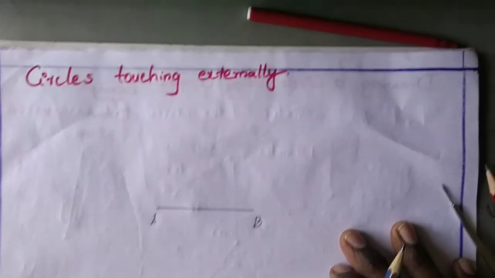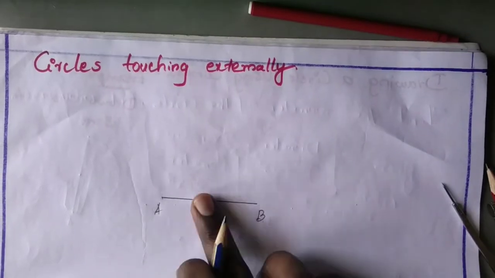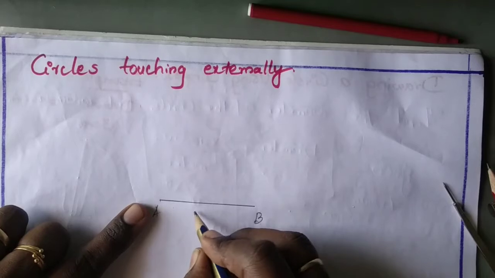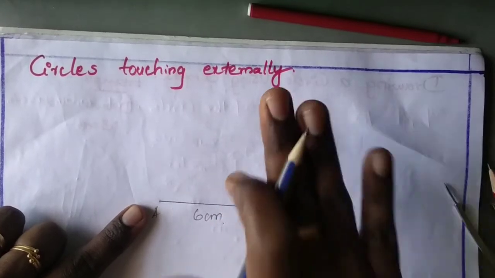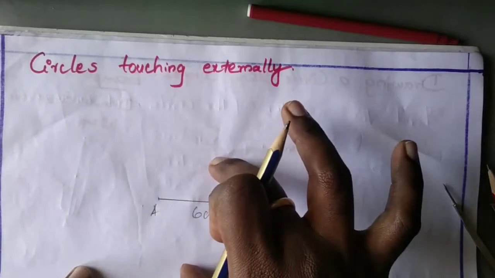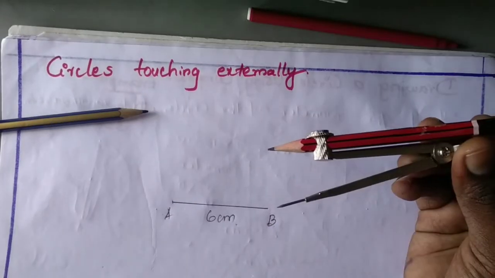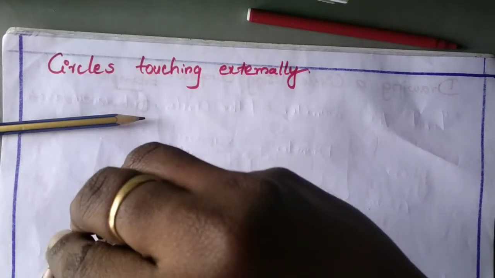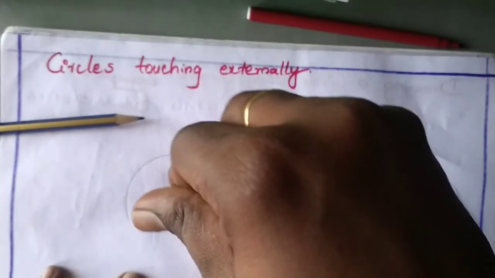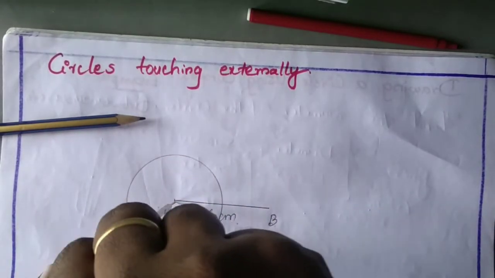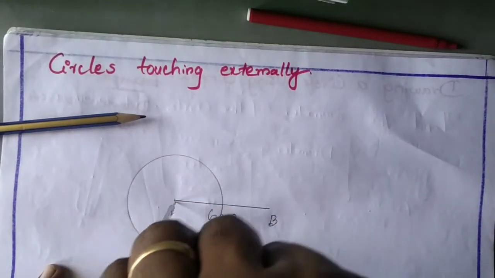In this third type of circle, circles touching externally, here I drew one line segment AB of 6 centimeter. Next I am going to draw with A as center a circle of radius 3 centimeter.